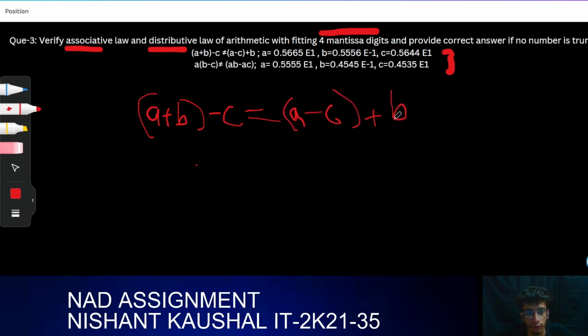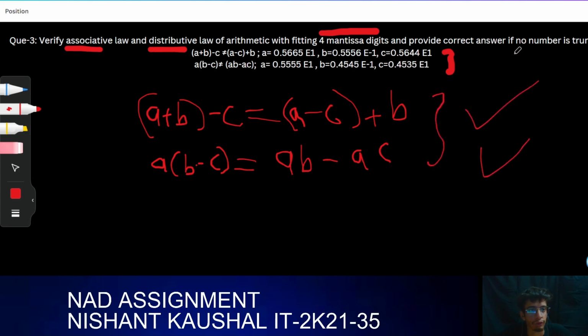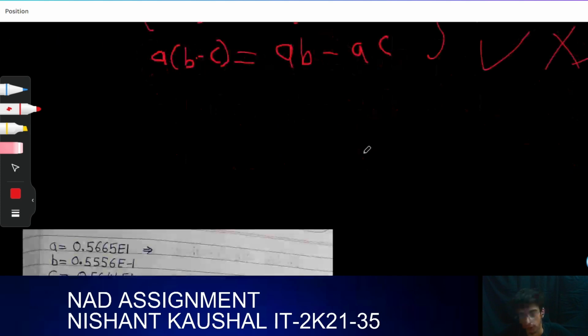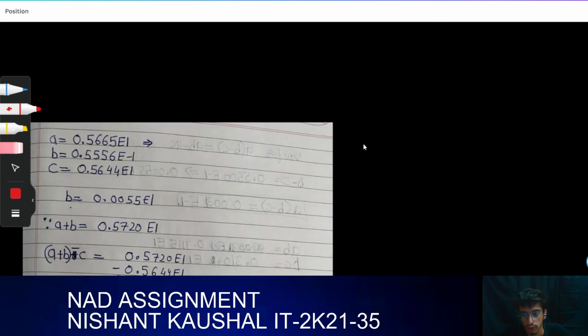And for these digits to be distributive, it should follow the rule a into (b minus c) equals ab minus ac, right? And if both are true, then we have to check for truncated, and if both are false, we don't have to check truncated, right? So let us proceed with this question.